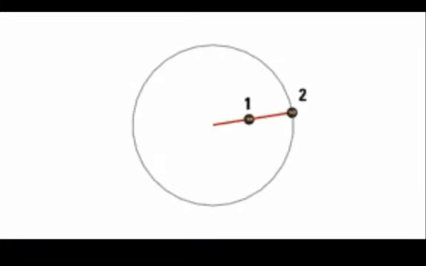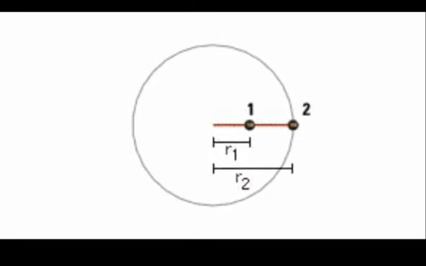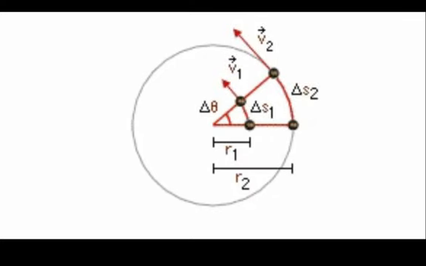The speed of an object in uniform circular motion depends on the rate at which it moves around the center point and its distance from that point. Although both dots are rotated through the same angle, the outer dot travels farther in the same time interval and therefore moves faster than the inner dot.